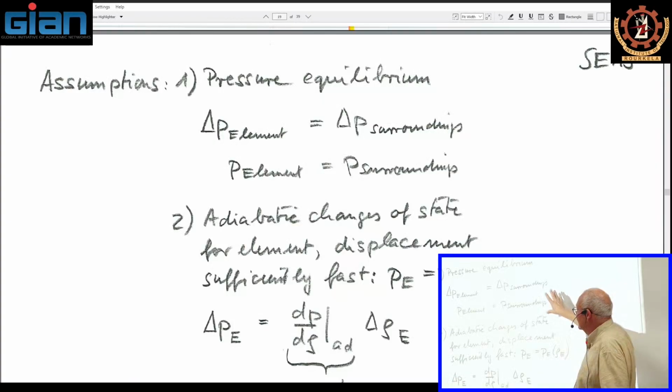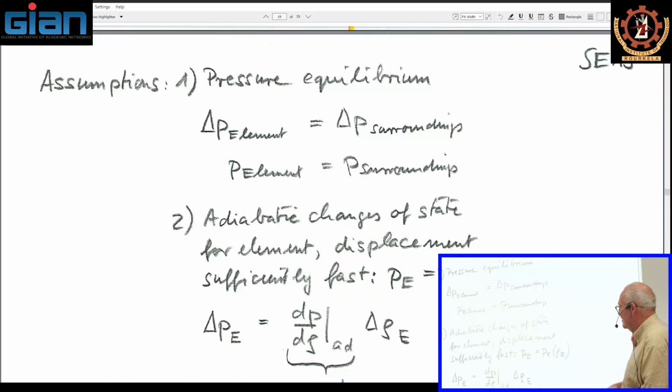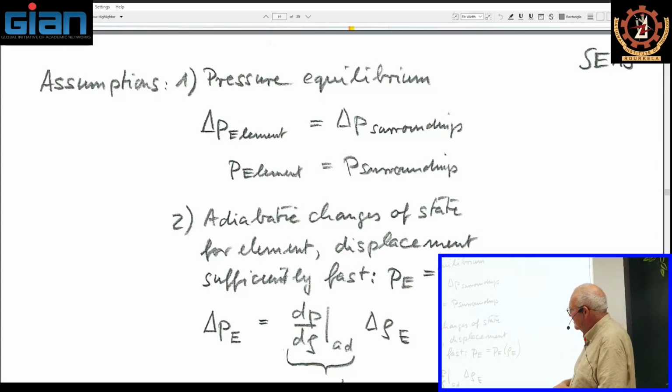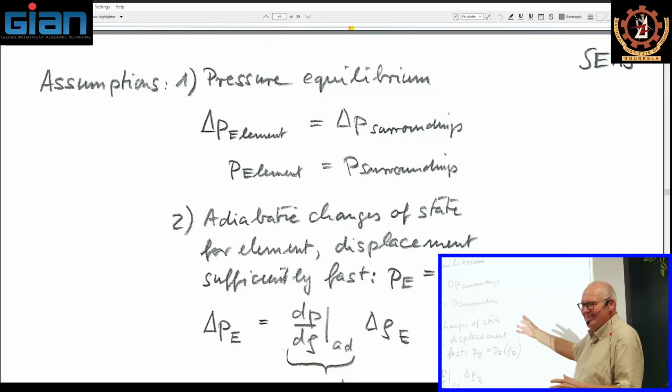So this assumption implies we have slow motions, long time scale. This assumption means we have fast changes of state. Well, this seems to be a contradiction, so it's a bit difficult to get out of this contradiction.